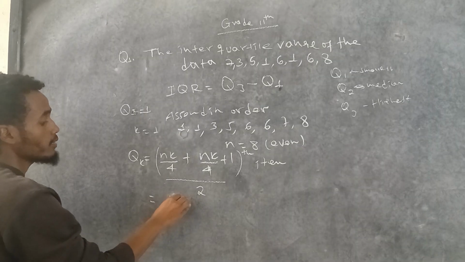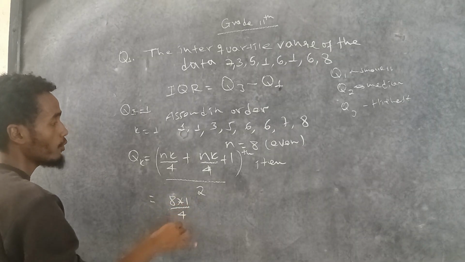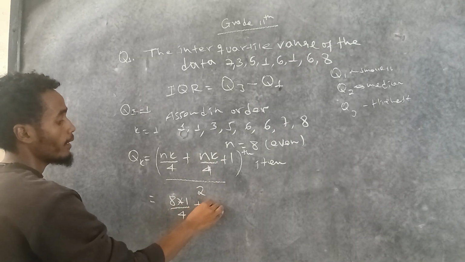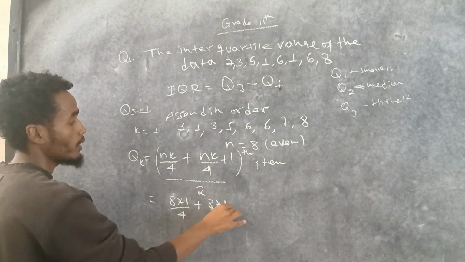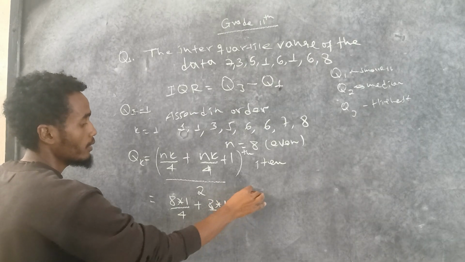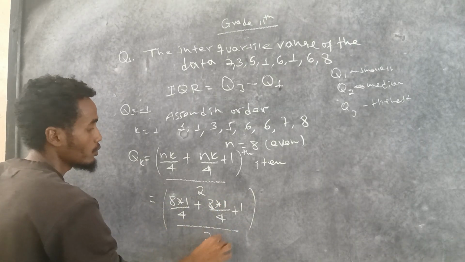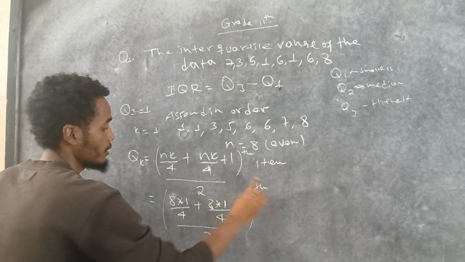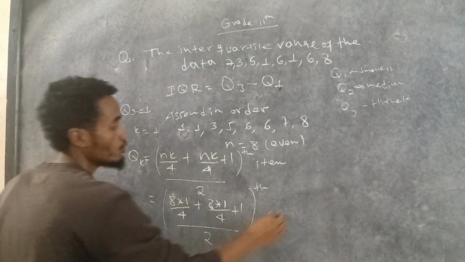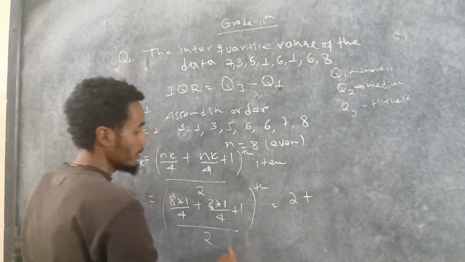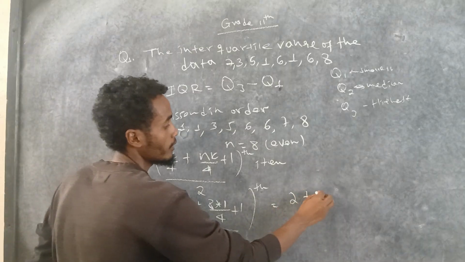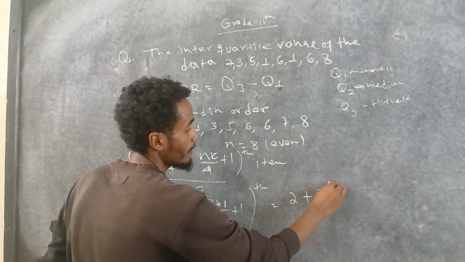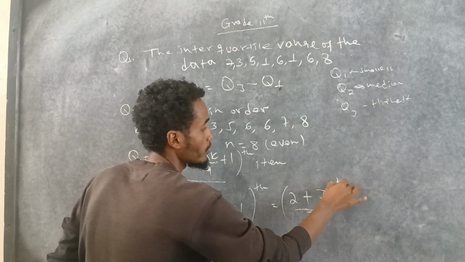So 8 times 1 divided by 4 is 2, and 2 plus 1 is 3. So it is the 2nd item plus the 3rd item, divided by 2.